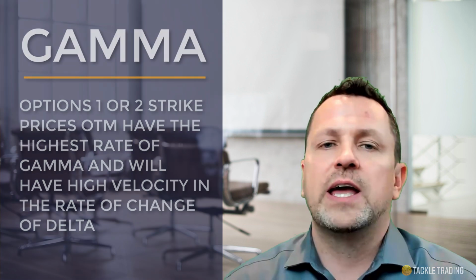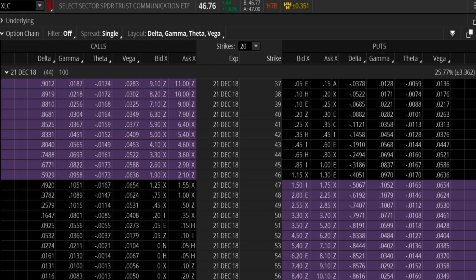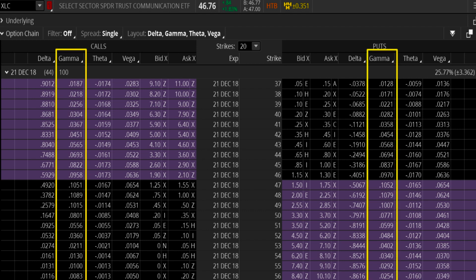Here we're looking at an options chain for the XLC, the ETF for the communications sector. Look at the gamma column. We have one for the calls and one for the puts. The way out of the money options on the calls over on the left are down at the bottom, and you'll see that the gammas are really close to 0.